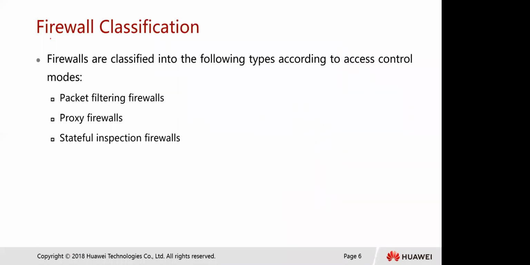So let us look at the firewall classifications. Firewalls have been developed for 3 generations, and their classification methods are various. For example, firewalls can be classified into hardware firewalls and software firewalls.